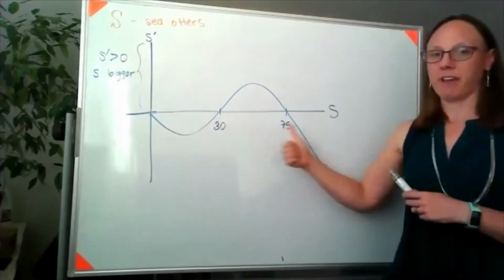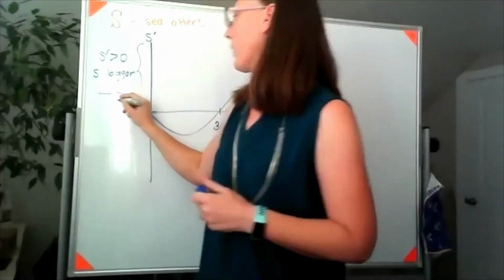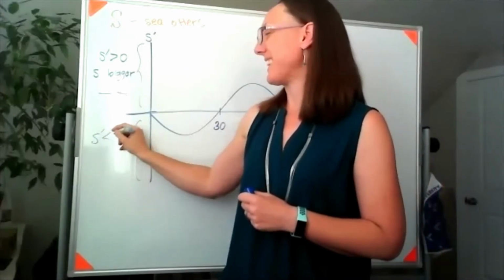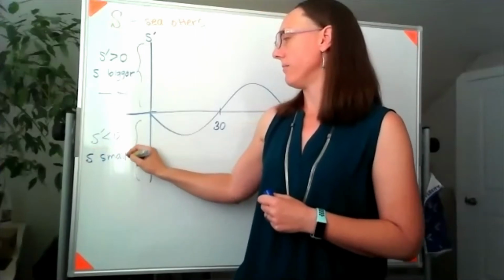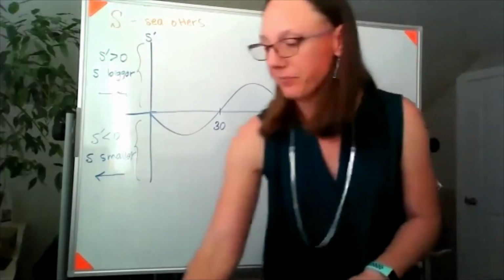The larger values of S are toward the right, so we're moving toward the right. Everywhere down here, S prime is less than 0, which means S is getting smaller, which means we are moving toward the left.